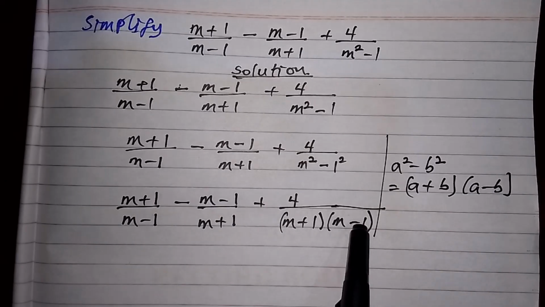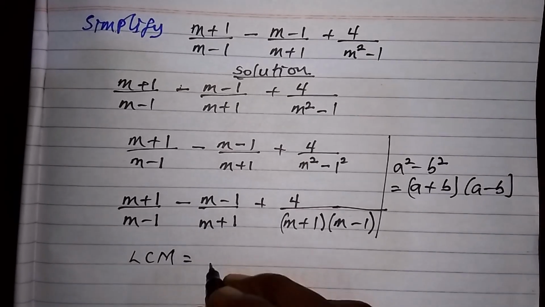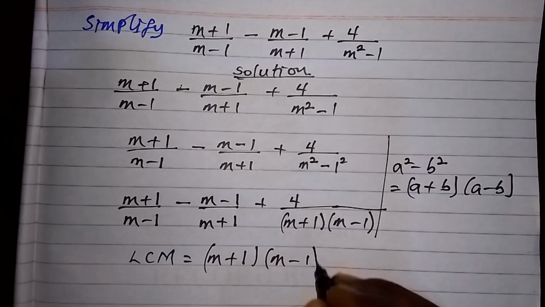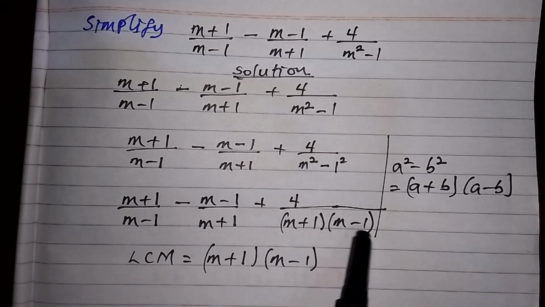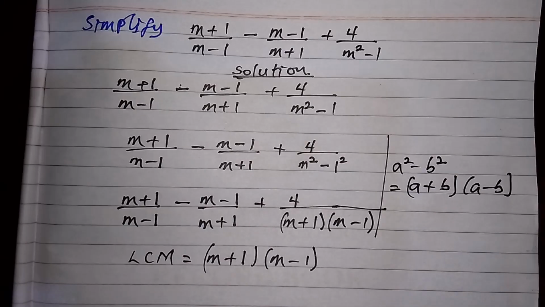So for this, the LCM is (m plus 1)(m minus 1). Someone will ask which m plus 1, which m minus 1? It's the same thing. All that we need to know is that (m plus 1)(m minus 1) is the LCM.